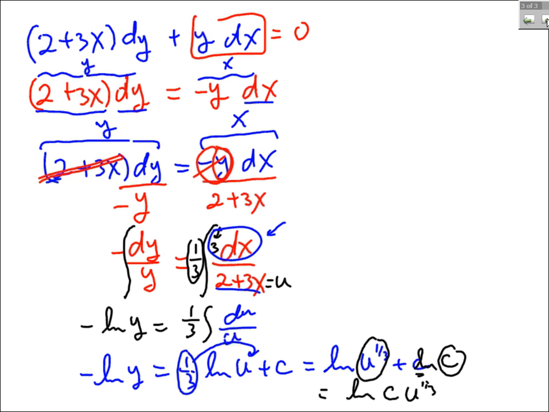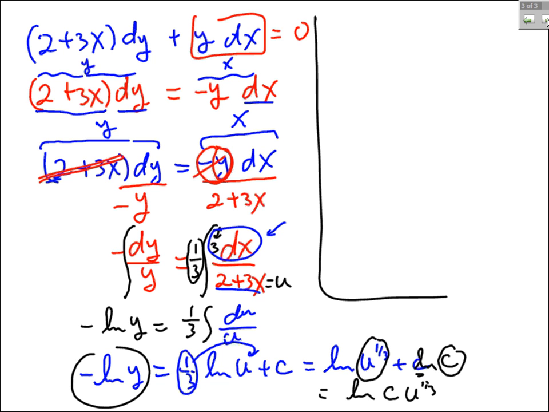So now, let's look at what we have. Negative ln of y is equal to this: ln of c times u to the 3rd. But what is u? 2 plus 3x.